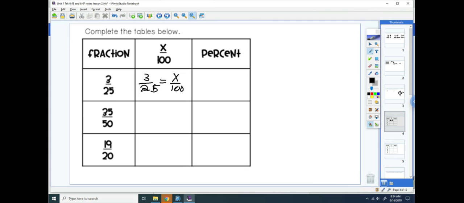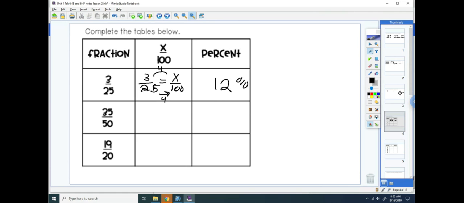Since we just did proportions and I explained the shortcut way, I'm going to see if I can use a shortcut. So what can I multiply by 25 to get to 100? Well, we kind of discussed this. It's 4. So if I multiply the bottom by 4, I need to multiply the top by 4. So 3 times 4 is 12. So that'd be 12%.